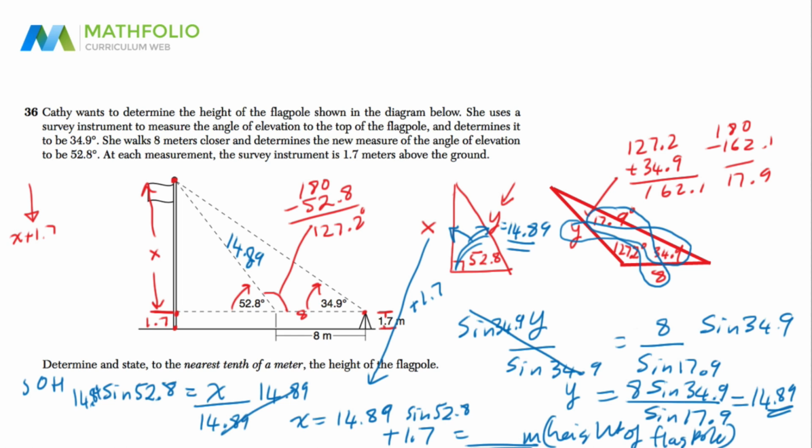And then just add the 1.7. So it gives me 13.56. Now it does say to the nearest tenth of a meter. So 13.56 becomes 13.6 meters. And that is my final answer for question number 36 and the conclusion of this test.